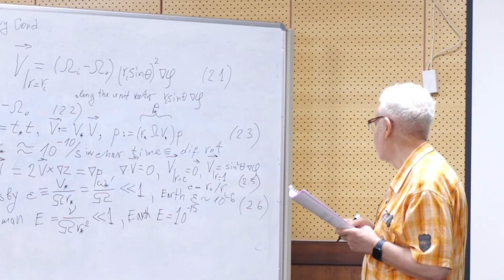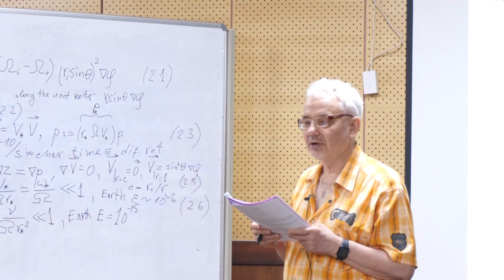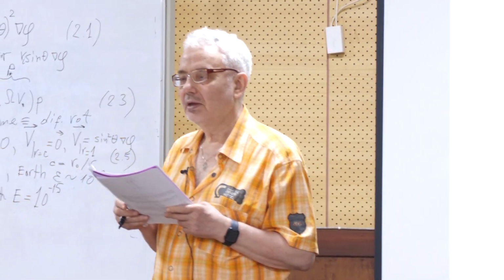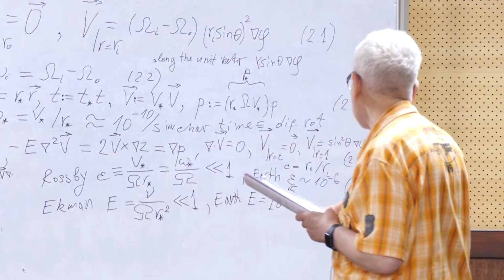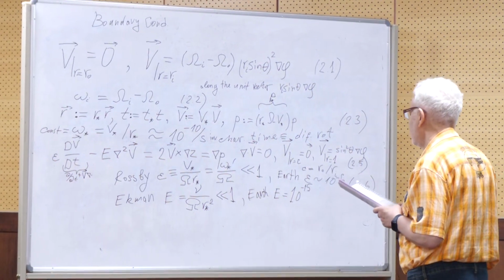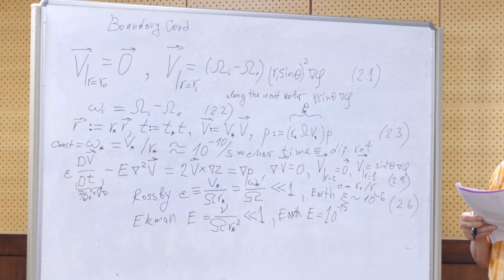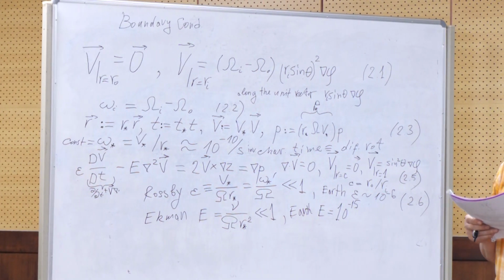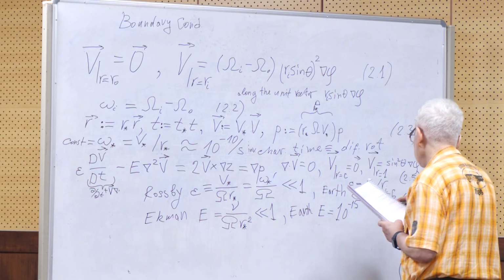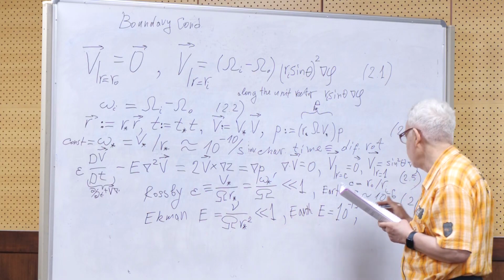But people who, especially recently, have quite successfully modeled the geodynamics and planetary dynamics, they say that it's not the molecular viscosity we are using in the real situation, but turbulent viscosity. And for turbulent viscosity, this goes slightly down, and it becomes on the edge of the capacity of the computer.